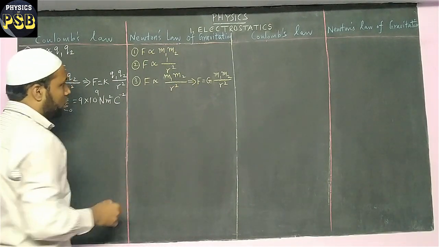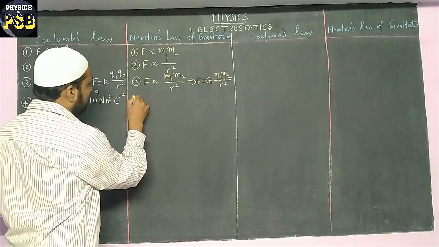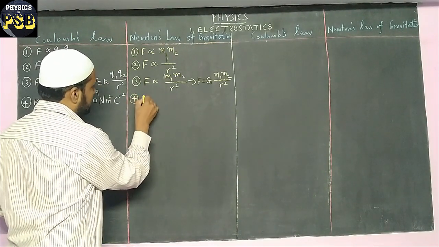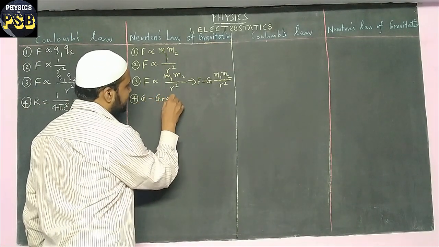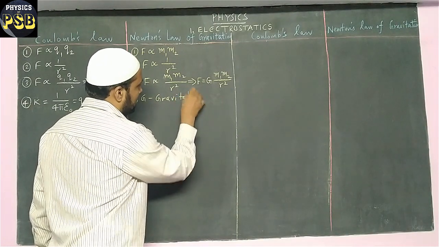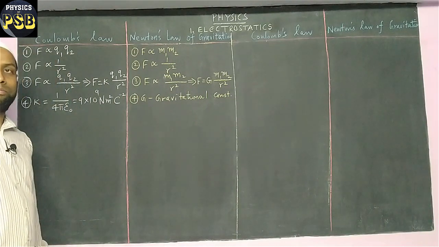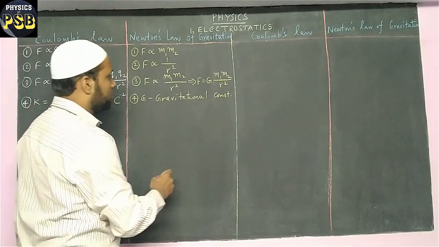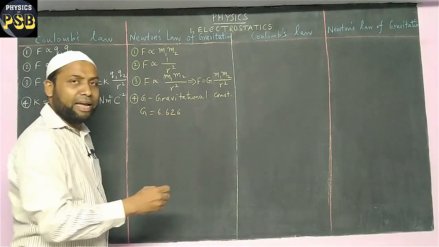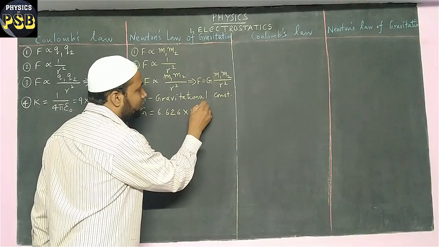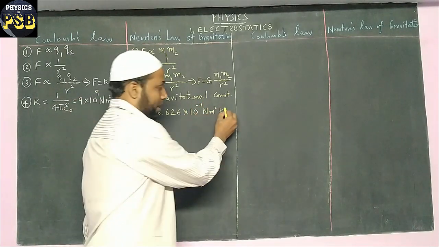G has a value similar to that of K. G is nothing but the gravitational constant, and its value is 6.626 into 10 power minus 11 Newton meter square per kilogram square.